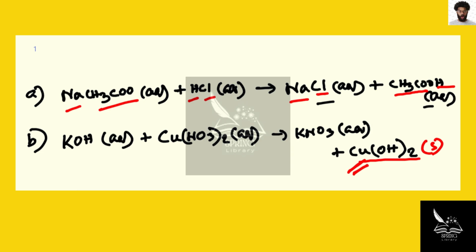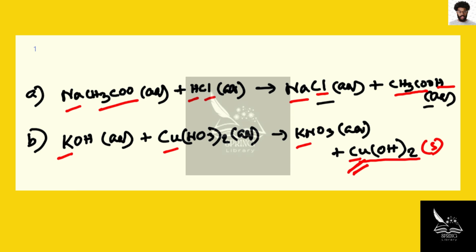And now for balancing the equation, let's start with our metals here. We have one potassium on each side, and then we look at the copper. We have one copper on each side.